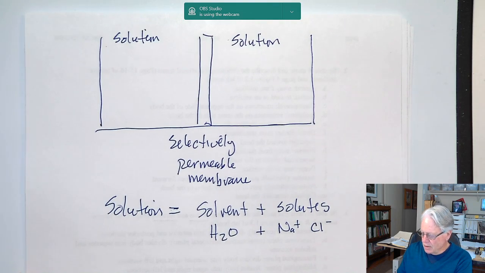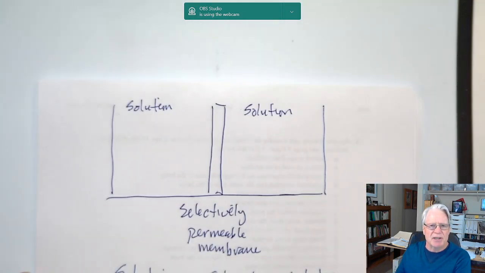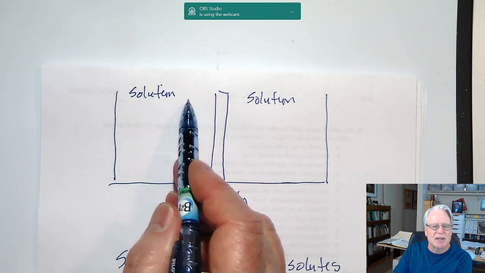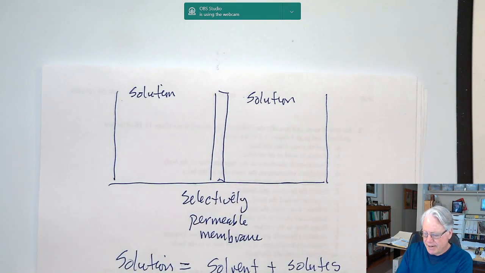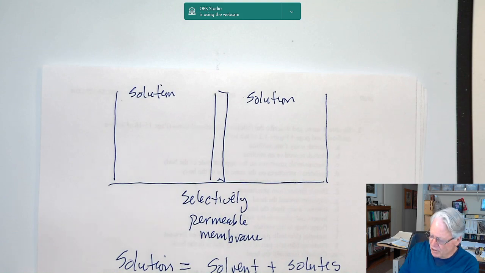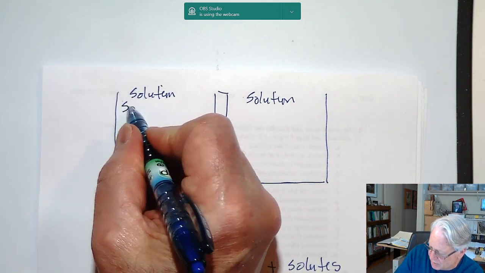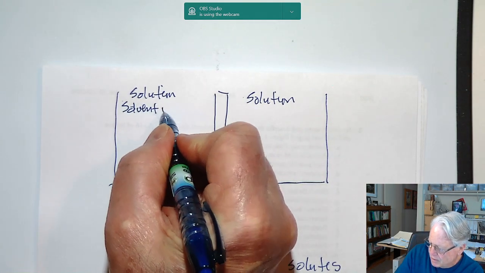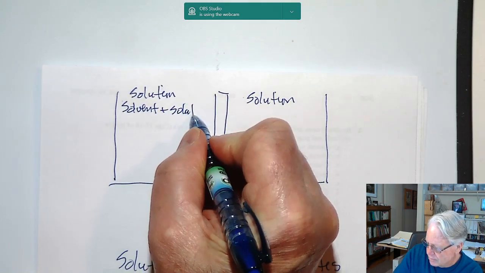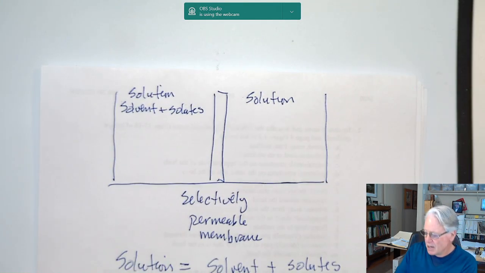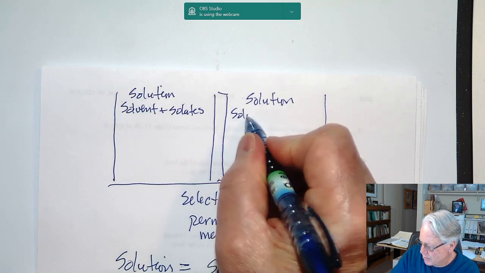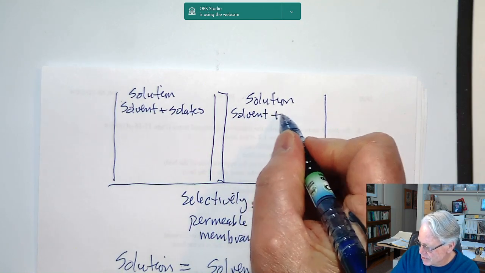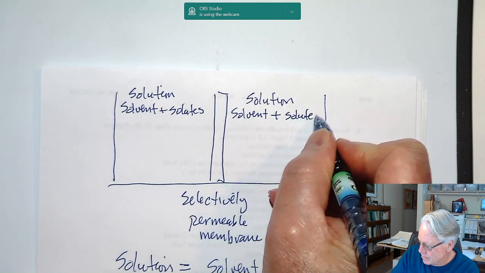So, if we come back to this example now, I said we have a solution on this side and a solution on this side. And we also know at this time that we have a solvent plus solutes here. And we have a solvent plus solutes here.